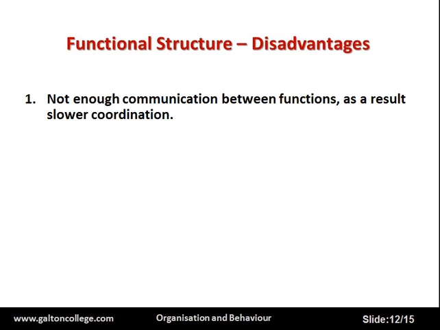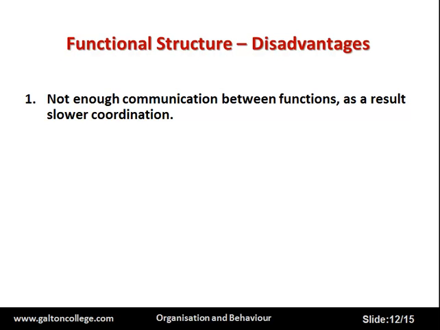The disadvantages: there may not be sufficient communications between the functions, and as a result the organisation is difficult to coordinate. The functions perhaps don't talk to each other as much as they should. For example, marketing may not link to production as often as is ideal.